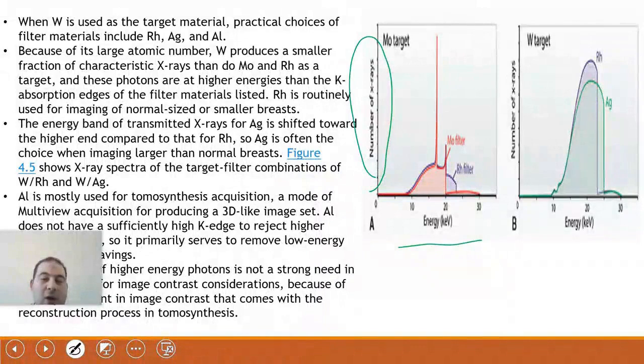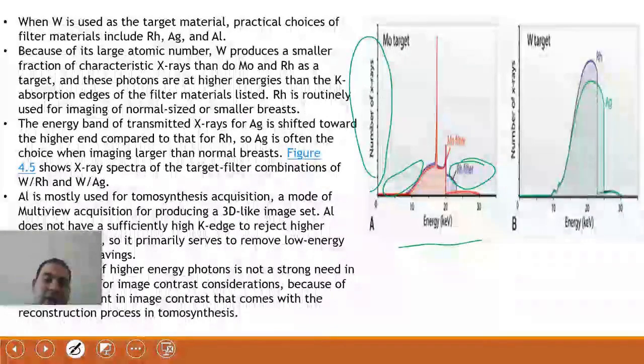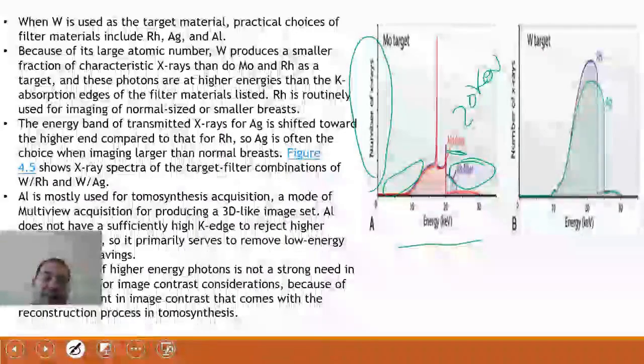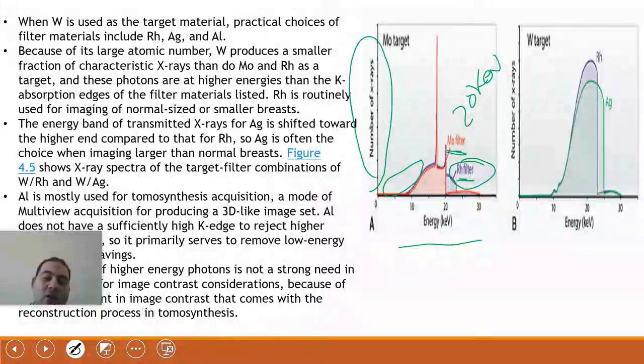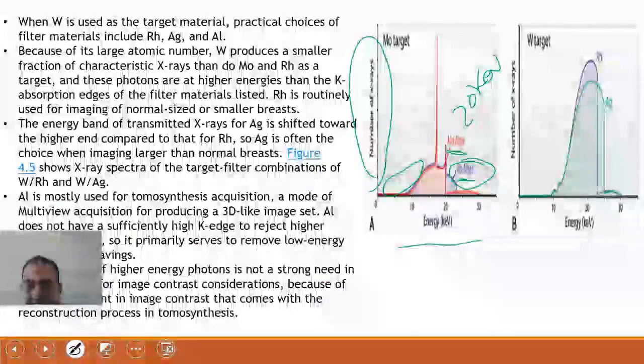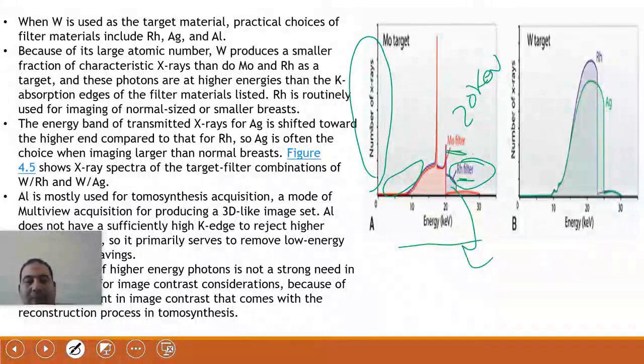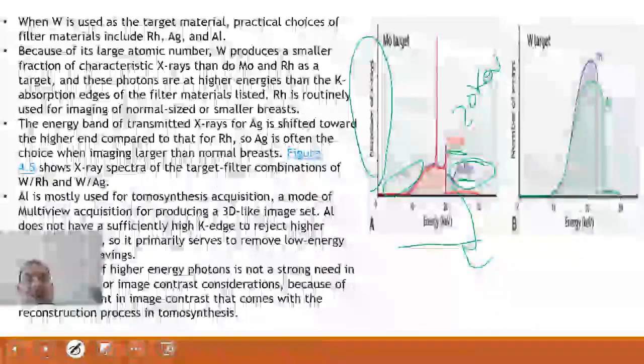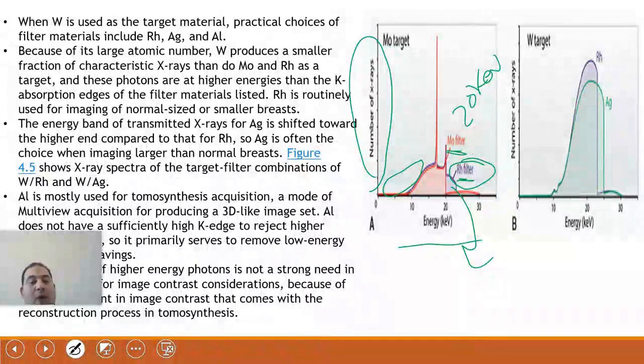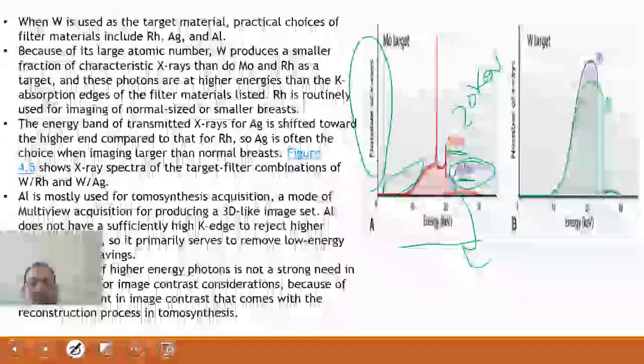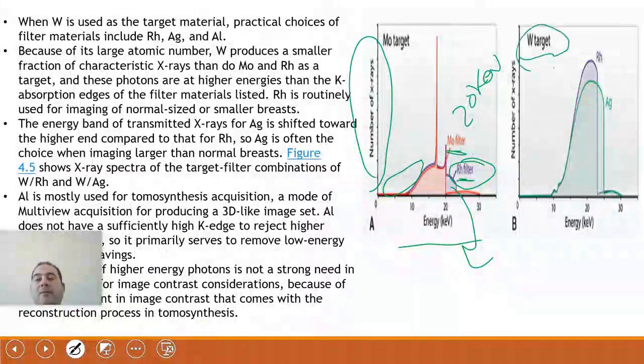If I am talking about this red curve, it is the part for high energy that has been removed, and there is a part here that has been removed. This is the molybdenum filter, which is considered to be at 20 kilo electron volts. If I use a molybdenum filter, this part has increased. So you have increased part of the high energy. Therefore, I can use a molybdenum target with molybdenum filter in cases of dense breast, as I was talking about a moment ago.